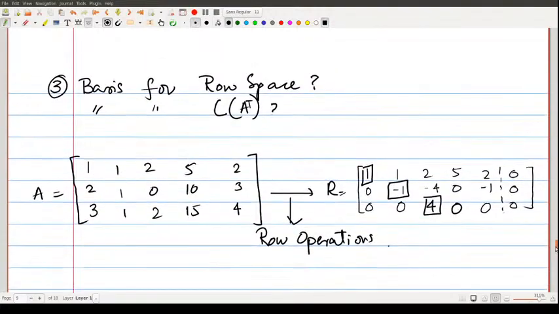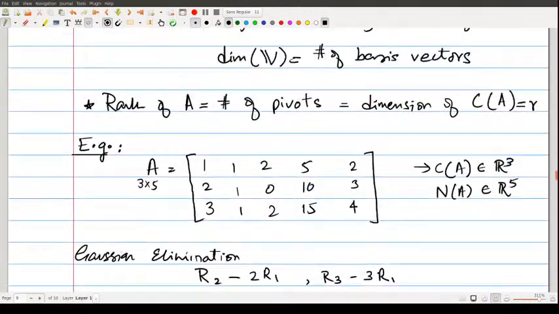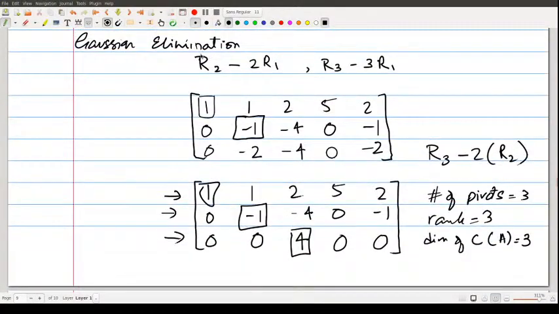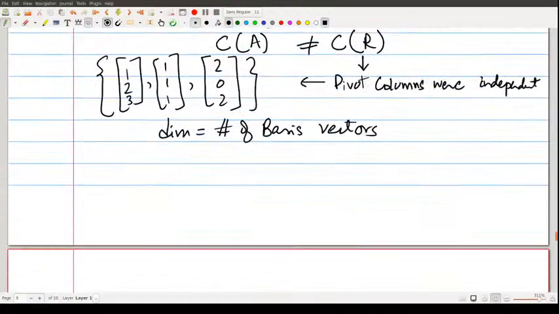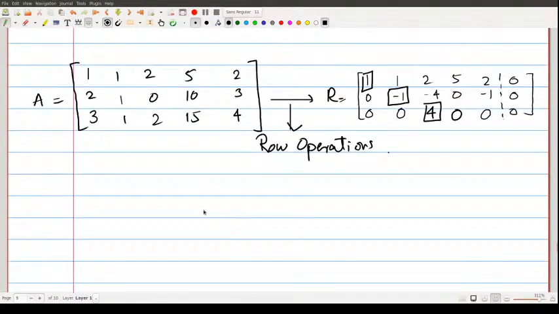These were the row operations: row 2 minus 2 times R1, row 3 minus 3 times R1, and then finally row 3 minus 2 times R2.